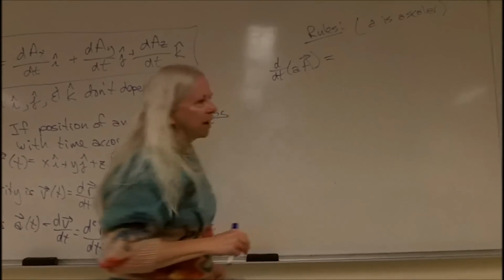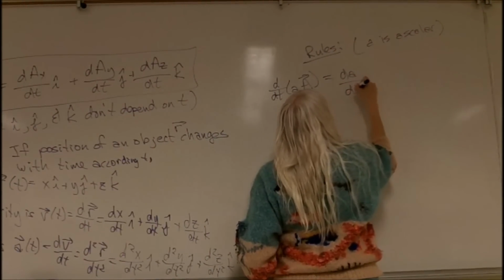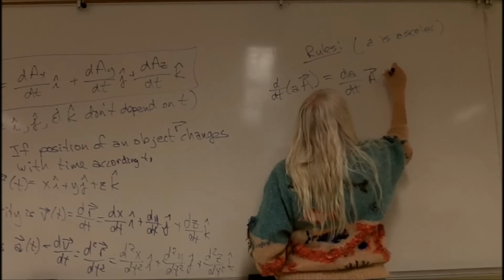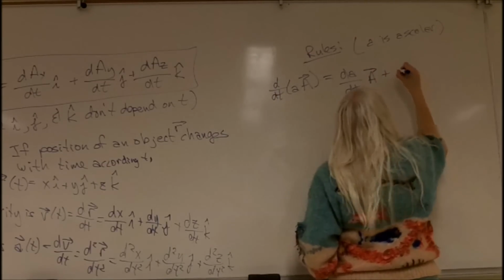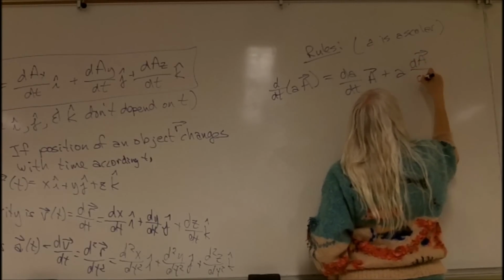So basically we're talking about a product rule type thing. This works exactly how you think it would. You'll have one term where the derivative operates on the little a and the big A just comes along for the ride, plus another term where the little a just comes along for the ride and the derivative operates on the big A.